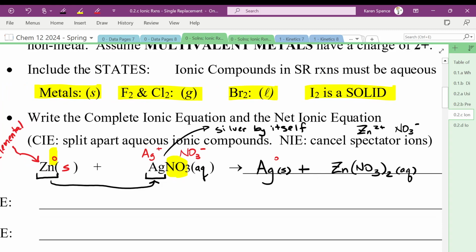Before we do anything else with this, what should we do? Yes, we should balance it, okay? Would you guys know how to balance this? Do you want to try balancing it on your own? And then you can check with me.